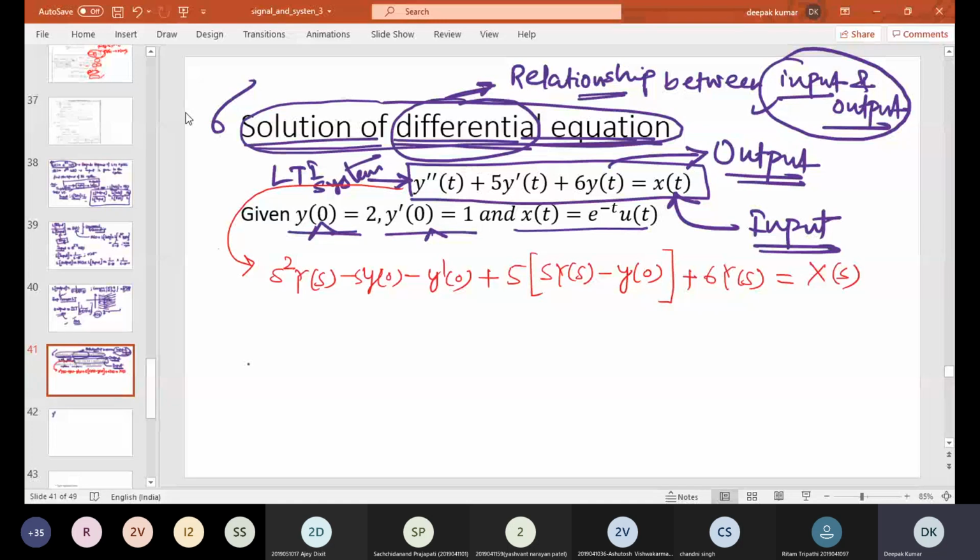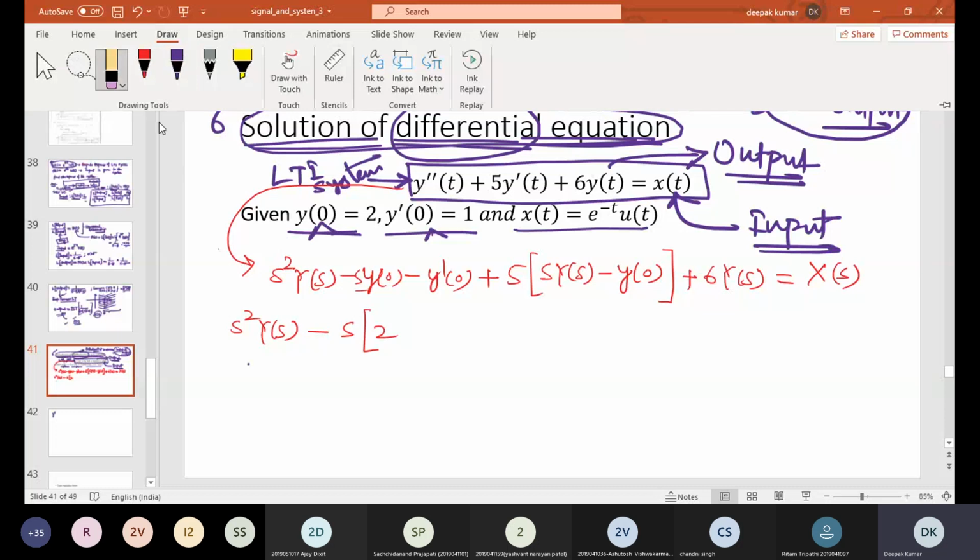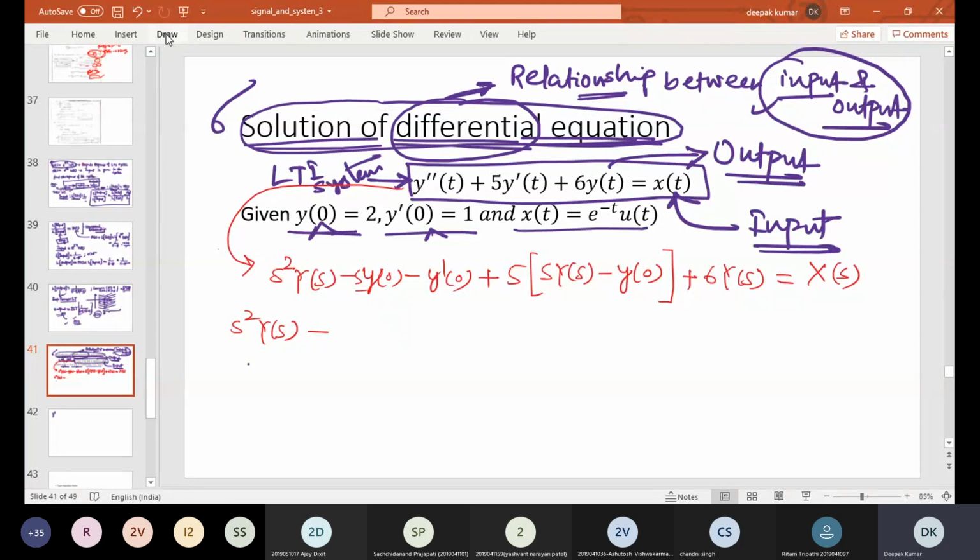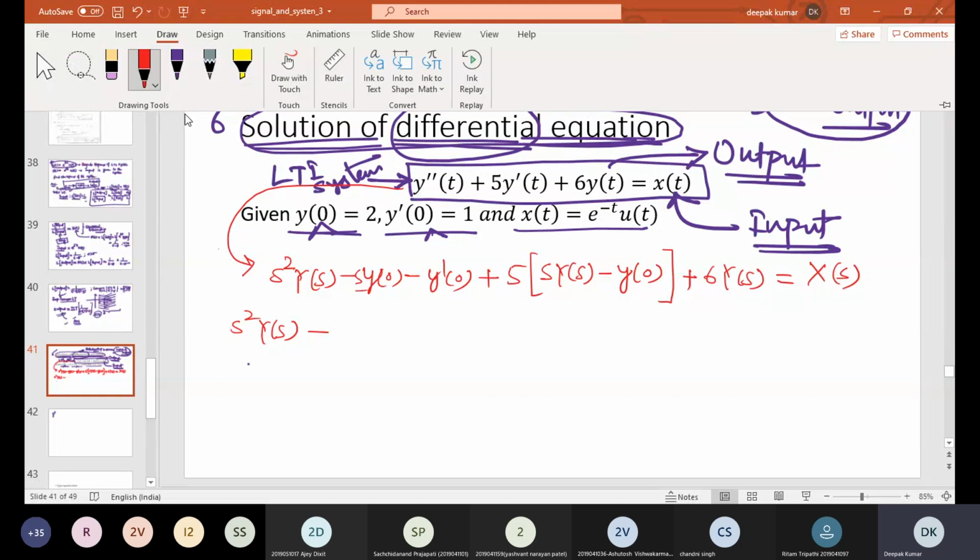Now separate and take the common of this: s square y of s minus s y of 0 is equal to 2. Here 5 times y of 0, sorry, this term, this is 2s.